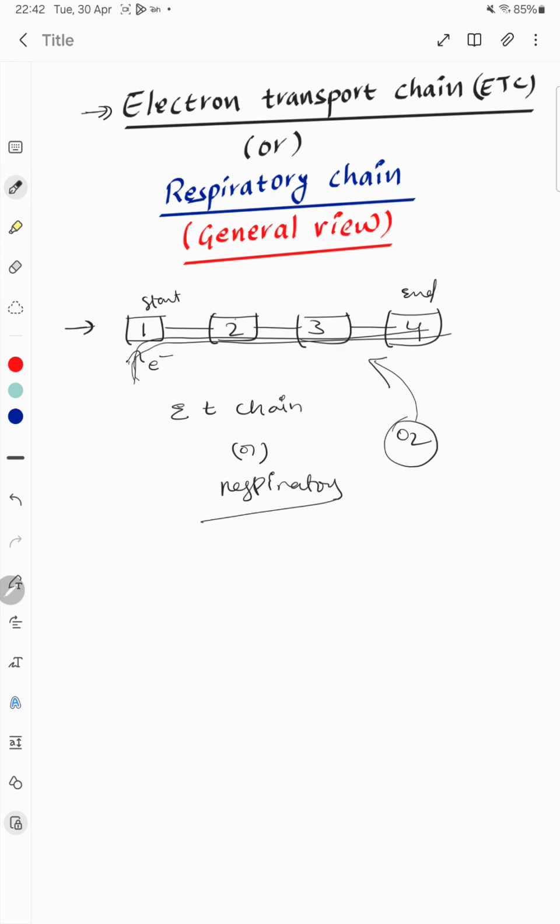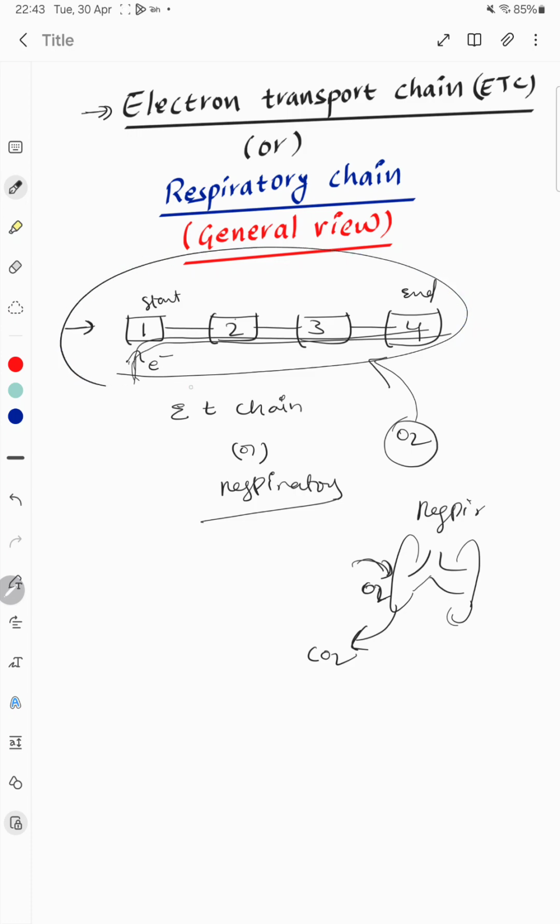We use the word respiratory or respiration at the lung level, because the lungs accept oxygen and eliminate CO2. Since the lungs utilize oxygen in the process of inhalation, we call it the respiratory system. Here also this chain is utilizing oxygen. That's why we call it the respiratory chain. I hope you got it, right?